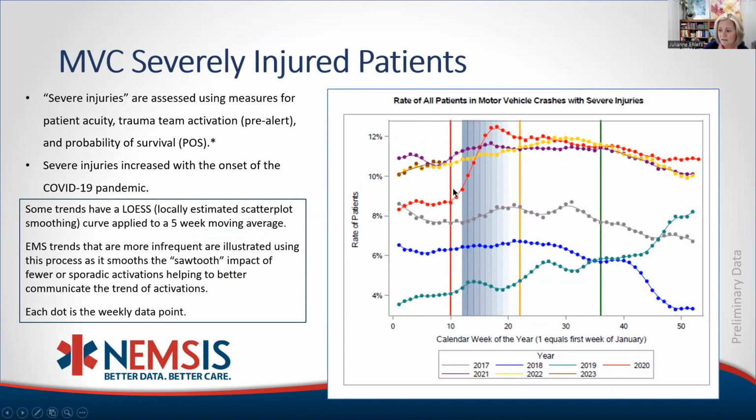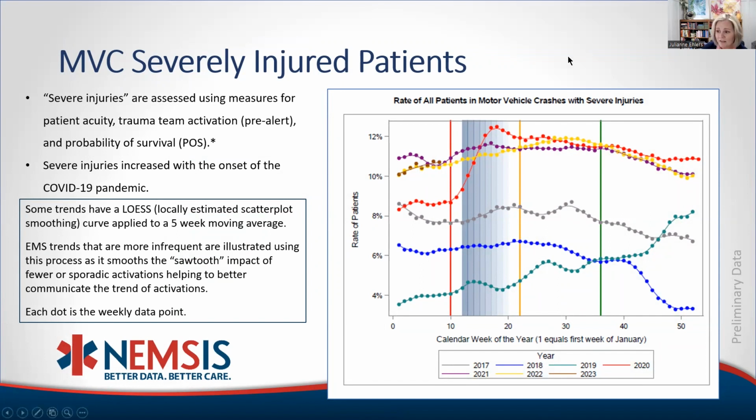Again, this is the red line is 2020, so this is our COVID year. If you recall 2 slides back, we had far less crashes, so our trend line took a great big dip in 2020 for overall crashes, but the severely injured incident rates went up. We had fewer crashes, higher severity of injuries.